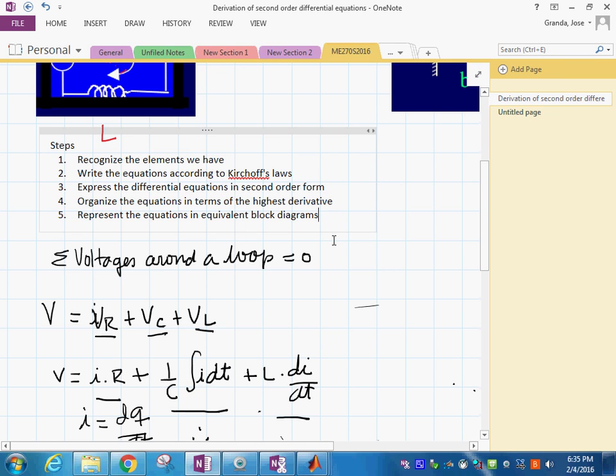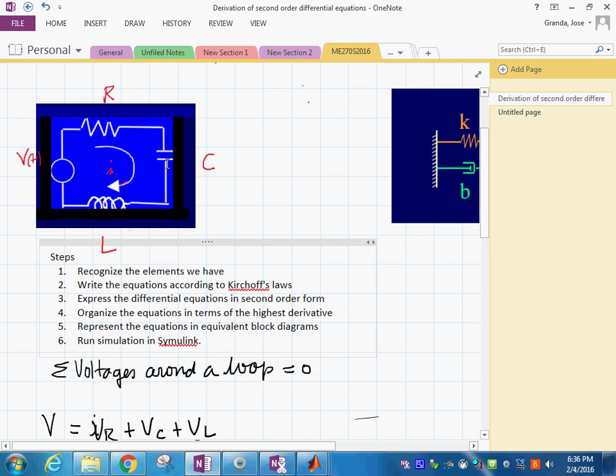Then run the simulation in Simulink. Okay, so this is for the electrical side.